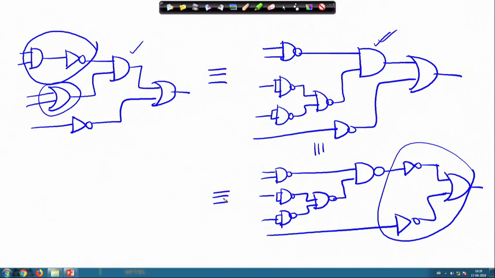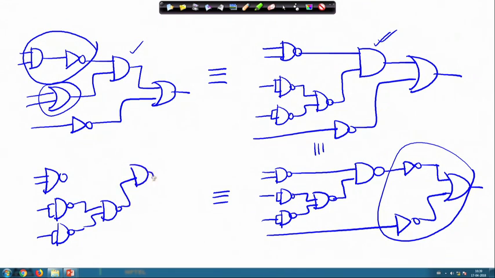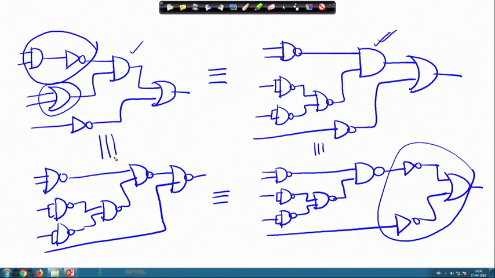So, finally, you have a circuit where you have this NAND gate, these two NOT gates using NAND, another NAND, they are connected to another NAND, and finally, they are going to the last NAND where the other input is straight away coming here. So, these two circuits are equivalent.